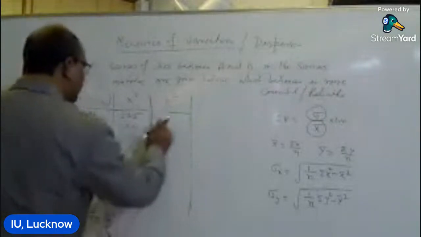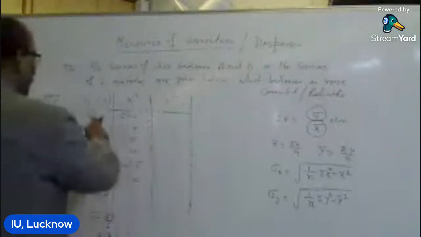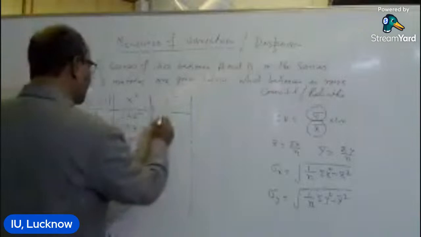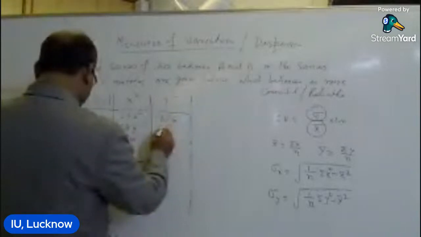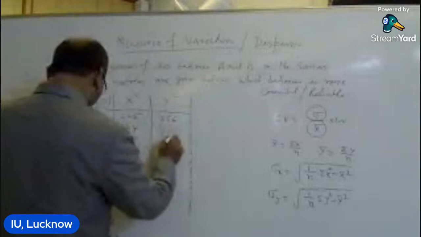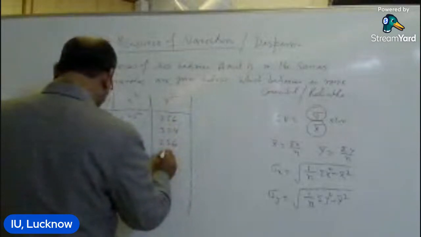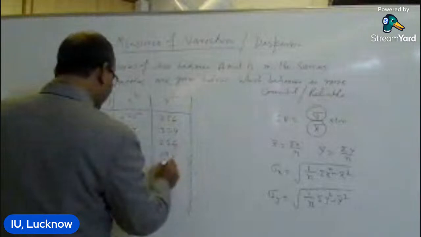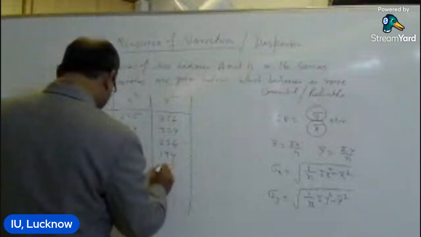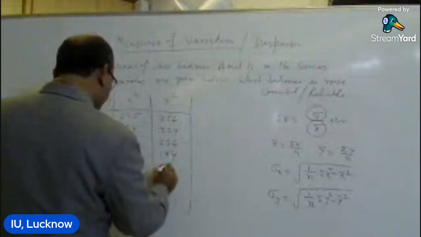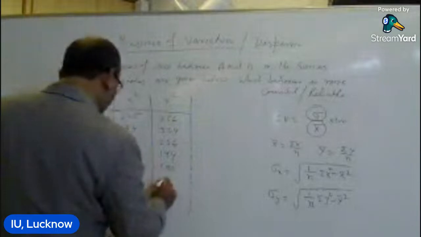And y square: 16 square, 256, 18 square, 324, 256, 144, 100 and 225.